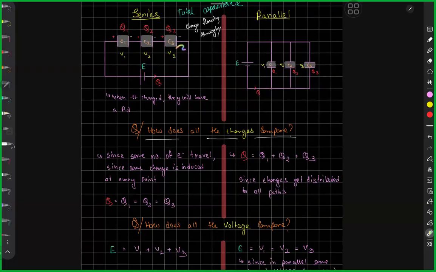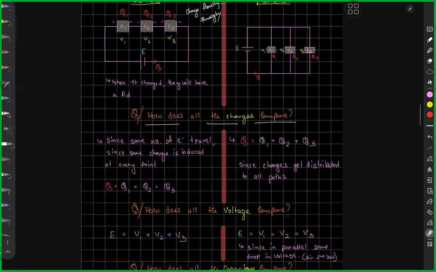They don't pass through, they induce a certain charge. So if 10 electrons are coming in, they have 10 electrons worth of negative charge, and they induce 10 coulomb of positive charge on the other side. And it goes on till here. That is how the amount of charge remains constant through the capacitors.